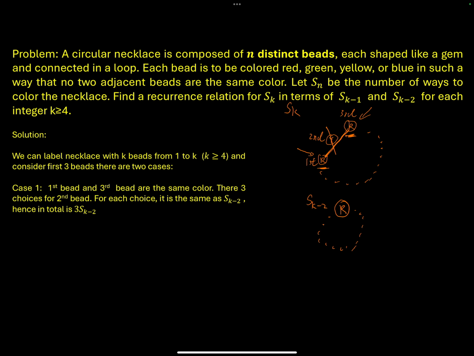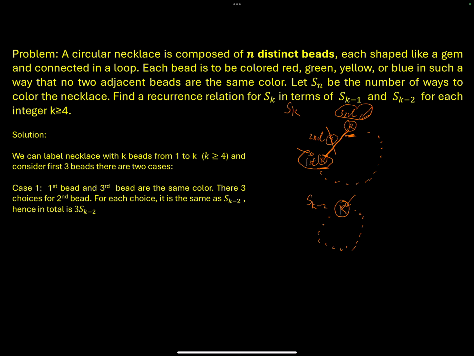For the first and third bean, in total we have 4 choices. So long as the colors are the same, we can color them in a similar manner: both blue, both yellow, or both green. Similarly here, it can be yellow, green, blue, or red. Thinking in this manner, it reduces the problem to Sk minus 2.